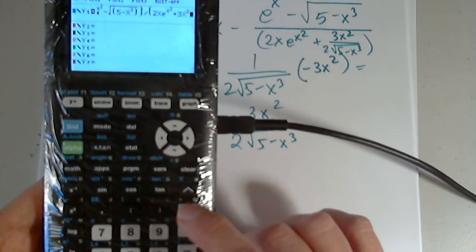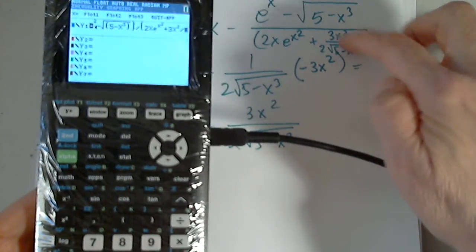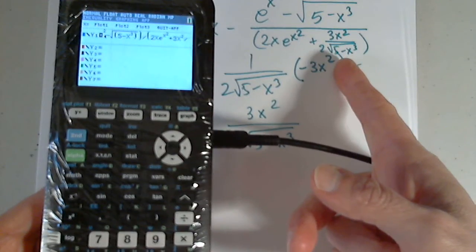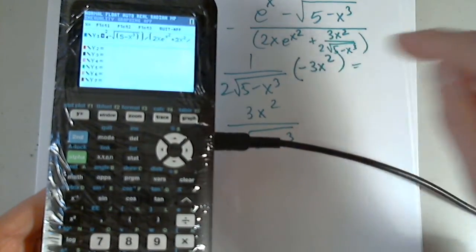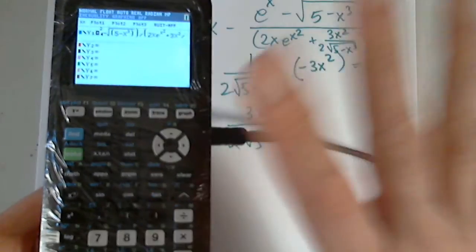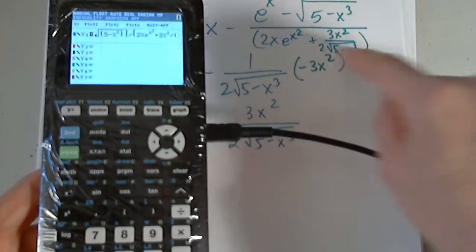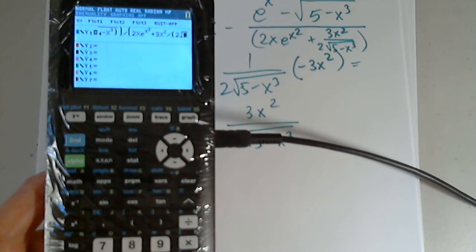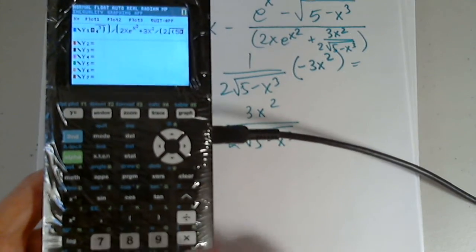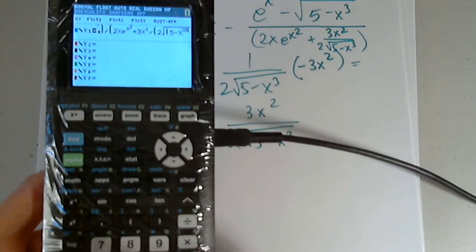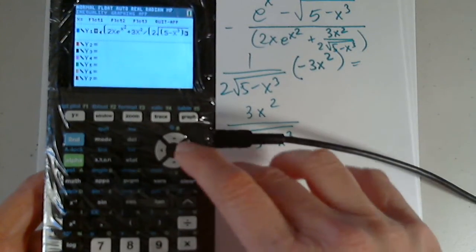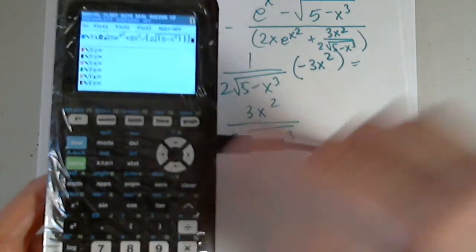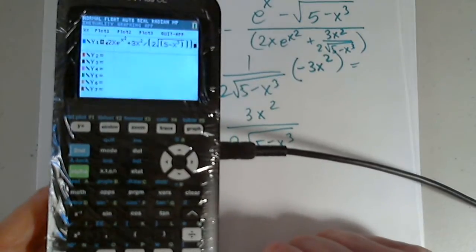I'm always careful with that, but you should put parentheses, but that's okay, it's a product. Now, you have to put parentheses around the denominator here, or you divide by 2 and then further divide by the square root. So, it's up to you. I will put parentheses around the denominator here, to the square root of, and I put parentheses, 5 minus x to the third, close the parenthesis under the square root, close the parenthesis outside for the denominator, and close the last parenthesis for the denominator of this entire fraction.